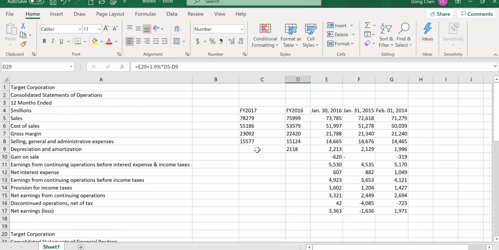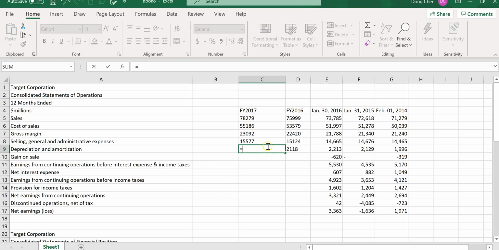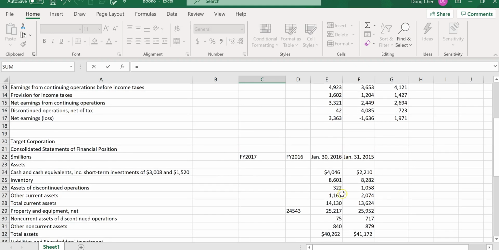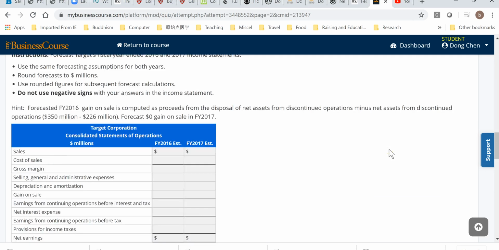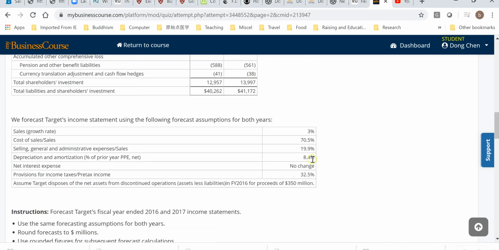With that, we can also figure out the depreciation and amortization expense for fiscal year 2017. That's going to be this net PPE for 2016, the prior year relative to 2017, and then times, going back to the assumption here, 8.4%, right?